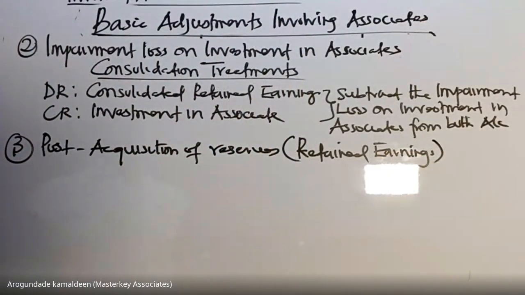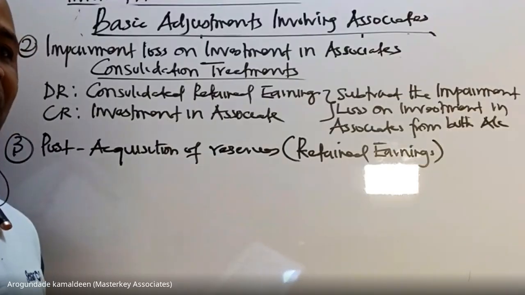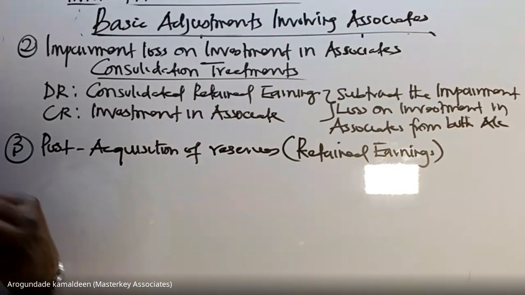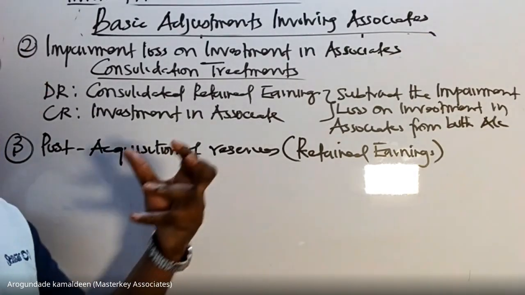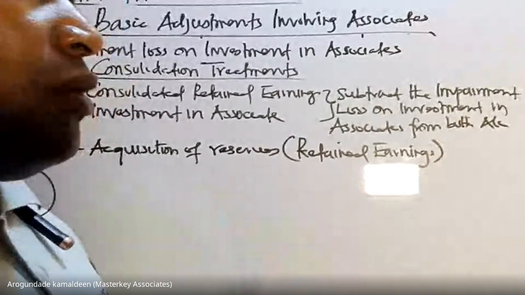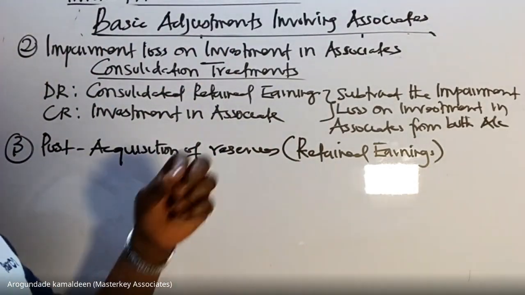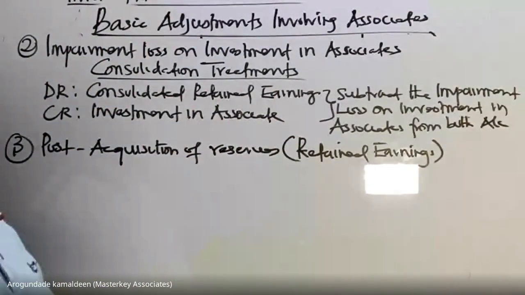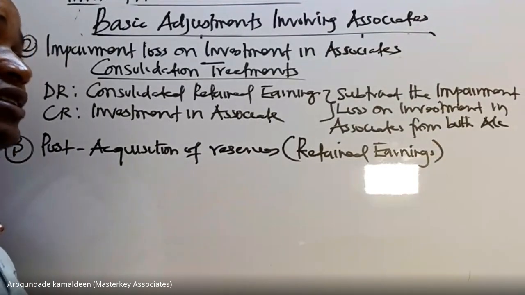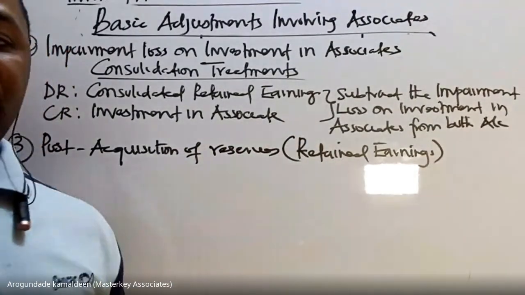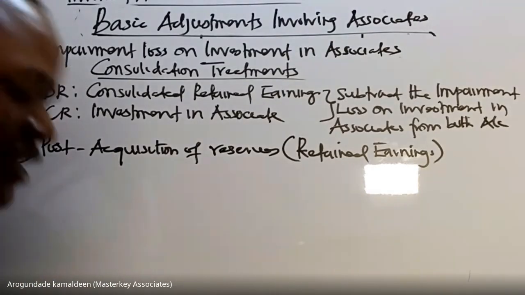There will be an opening retained earnings and the closing. When you make that investment in the associate, on that very day there must be a retained earnings of the associate. That is the opening retained earnings, and at the end of the year too, there must be a closing retained earnings.